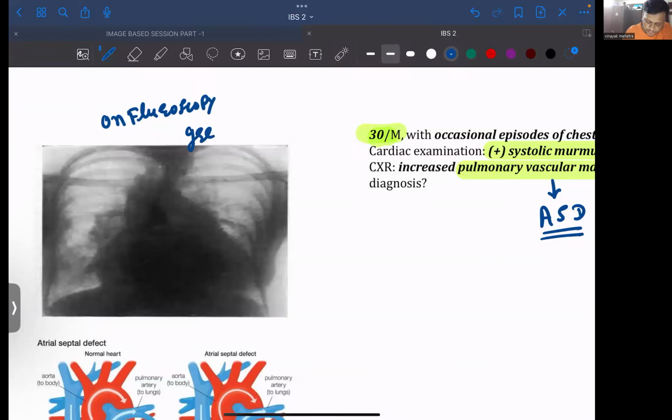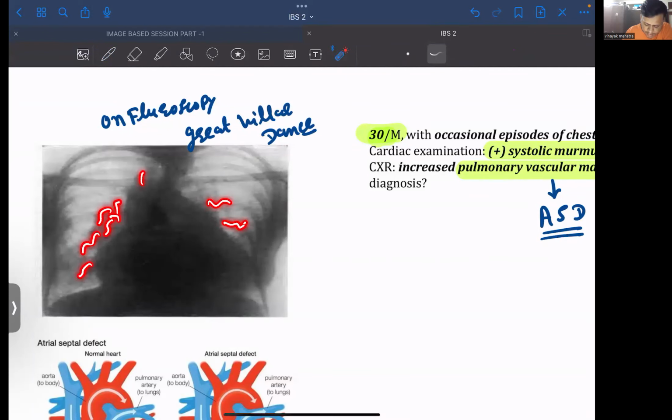Great Hyler dance. What is going to happen? The markings on the X-ray are going to increase. These are pulmonary vascular markings. The vessels will become bigger, understand it like that. Okay?